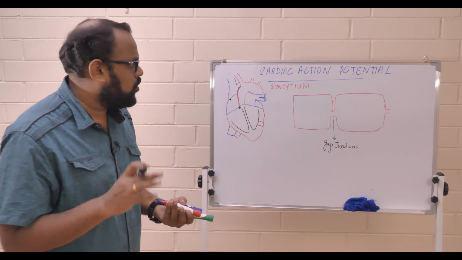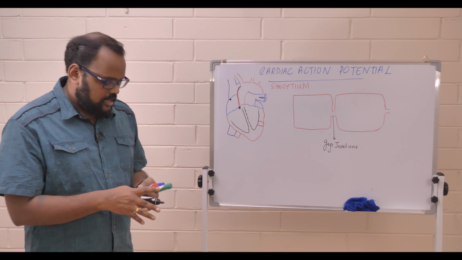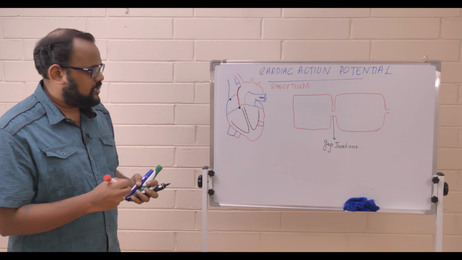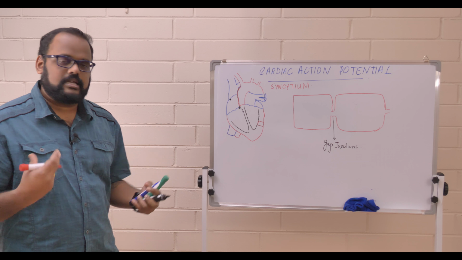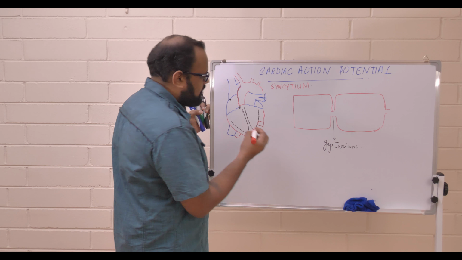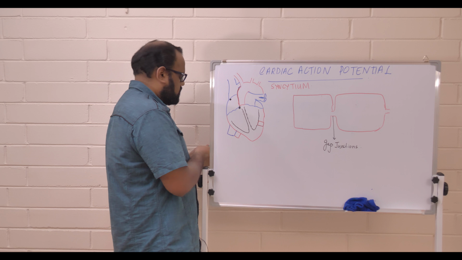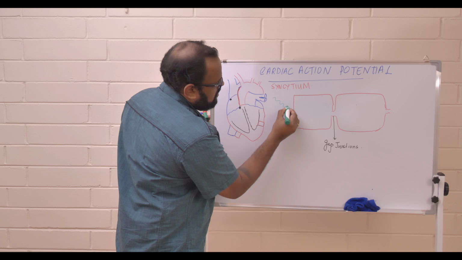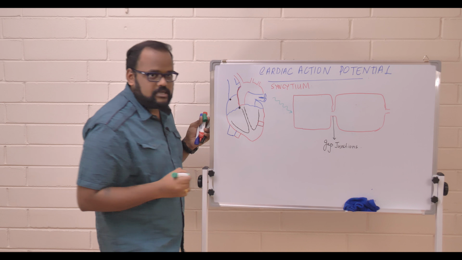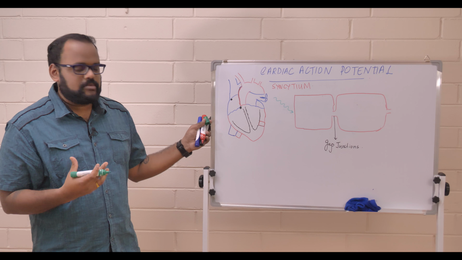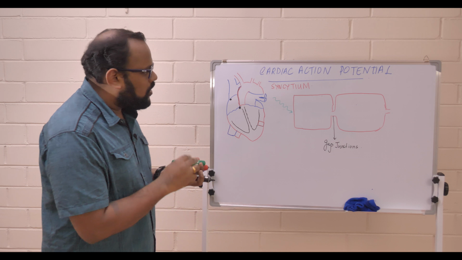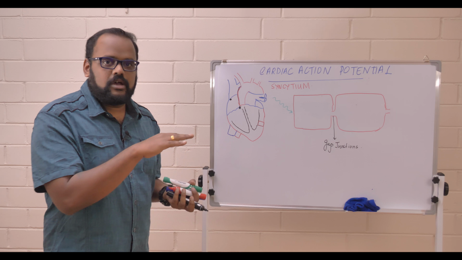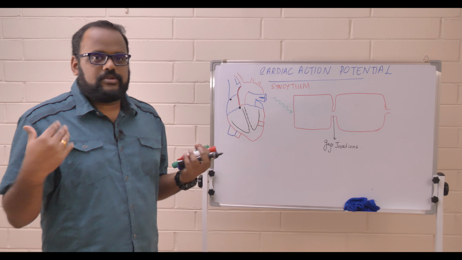Now let's have a look at what's happening in one cardiac cycle or one cardiac action potential. What are the events that are happening? Whenever there is a stimulus coming to a cardiac myocyte, all our heart cells are in a resting stage.